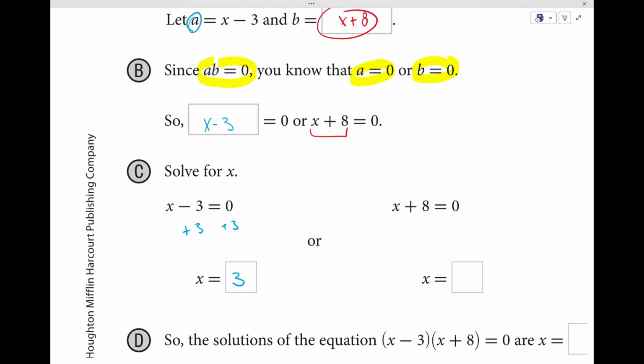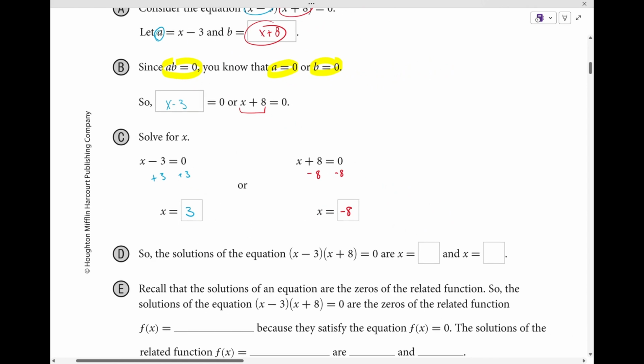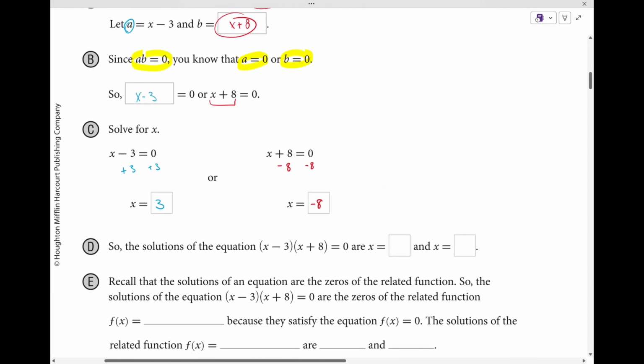Or the other case, x plus 8 equals 0, I could subtract 8 on both sides, and then x is equal to negative 8. So there are two solutions for this equation: x equals 3 and x equals negative 8.